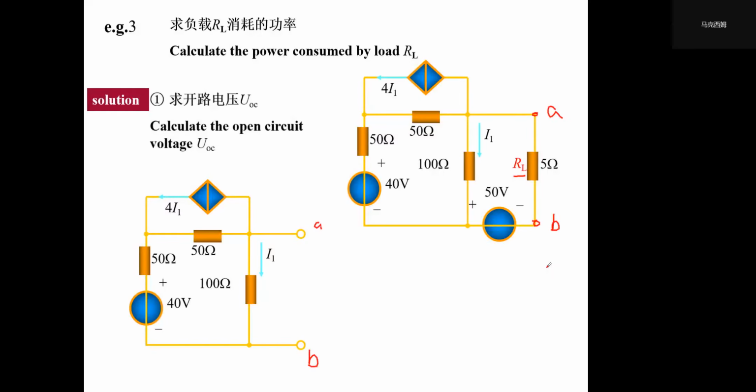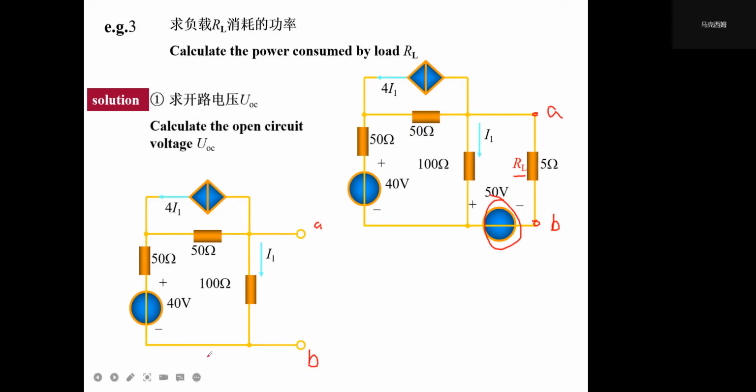Then we can calculate it directly. We don't calculate it now, because we can easily put it back to calculate that later, right?